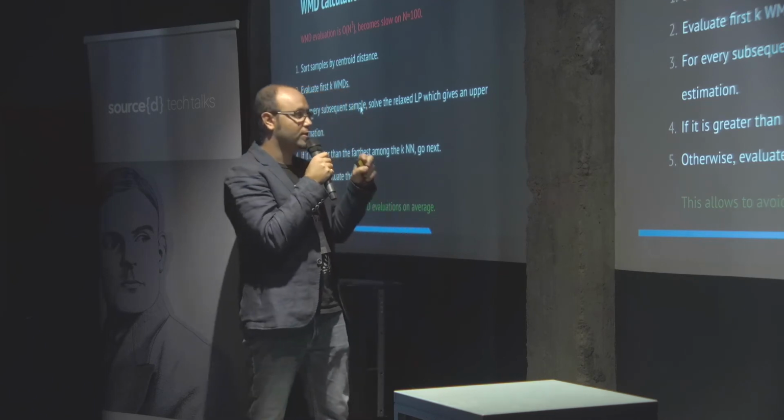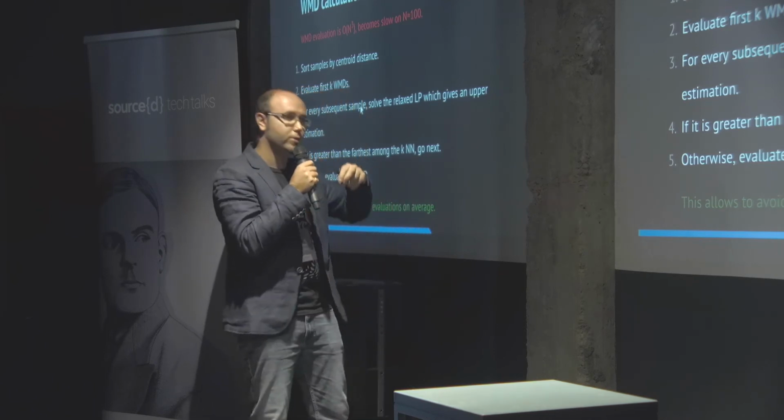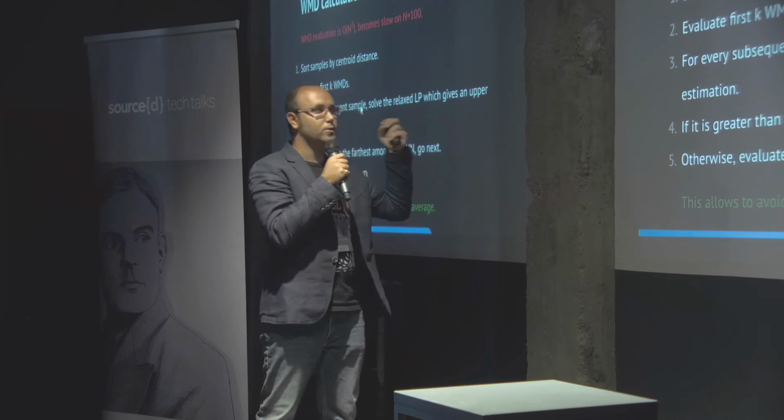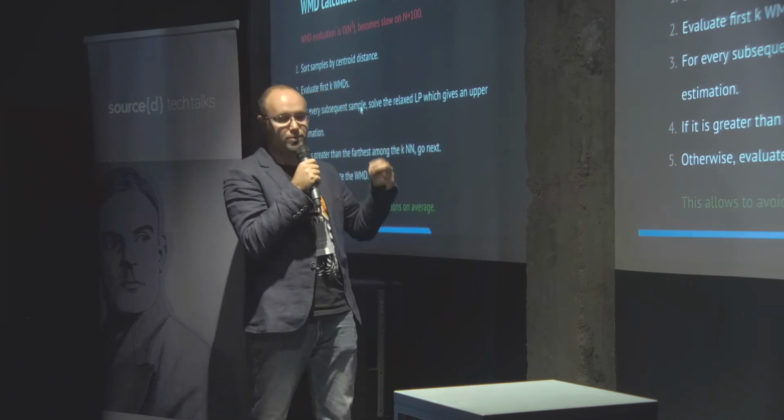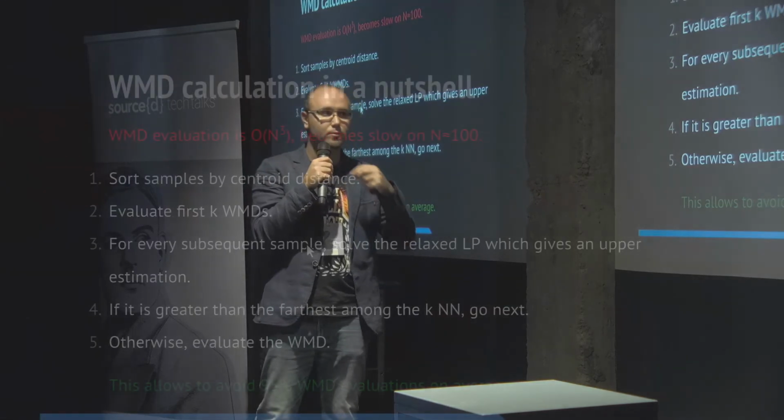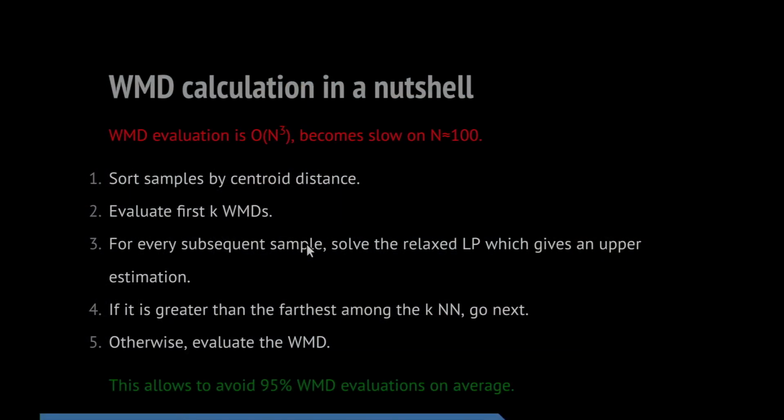So if the farthest nearest neighbor so far is smaller than your solution of the relaxed problem, you can just skip this sample and say, okay, it's not going to be inside. And this is mathematically correct.